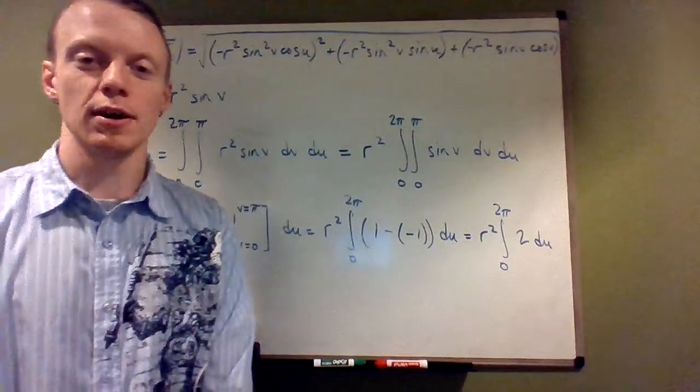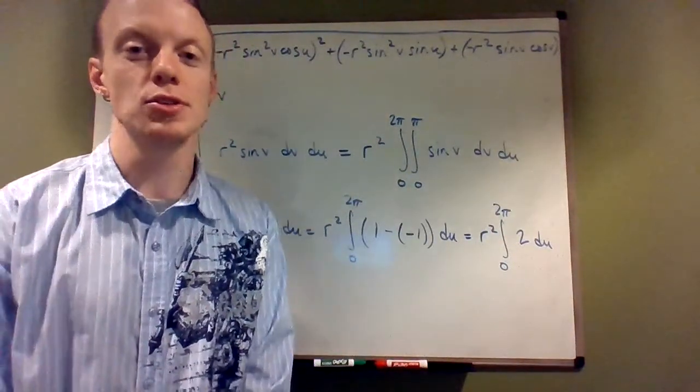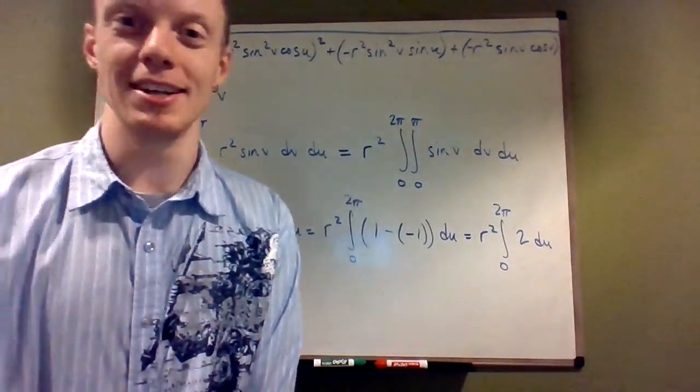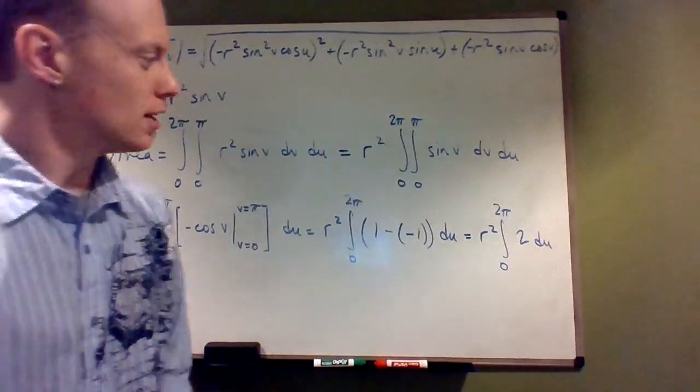So we have r squared times the integral from 0 to 2 pi of 2 du. Well, this is nice and basic, nice and easy. The integral of 2 du is 2u.